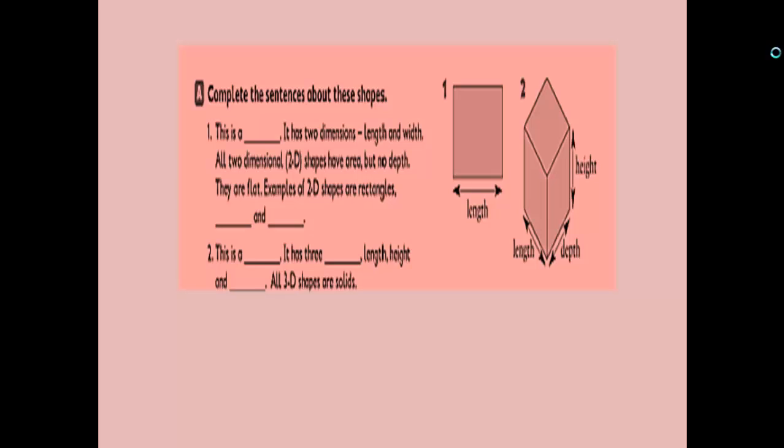Here we have two shapes. The first one is on the left and the second one is on the right. Let's talk about the first one. Number one, this is a, what is this shape, my dear students? Is it triangle, rectangle, square, circle?